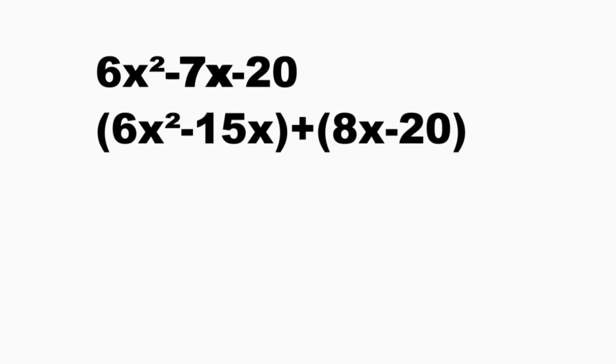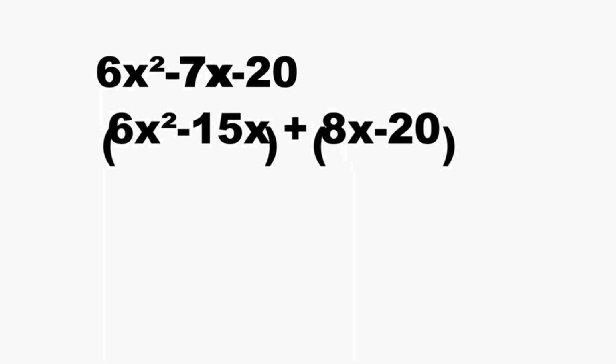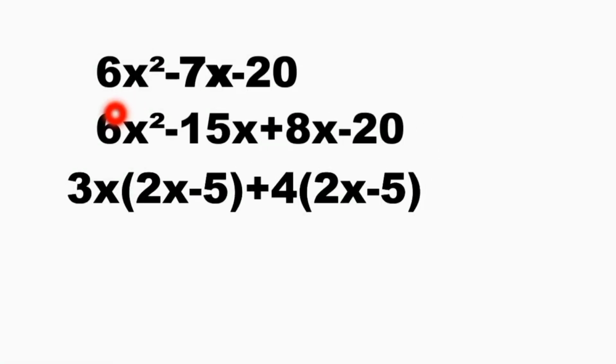After grouping we factor out the common factor. The common factor is 3x. In this group, 6x squared divided by 3x is 2x, and negative 15x divided by 3x is negative 5.